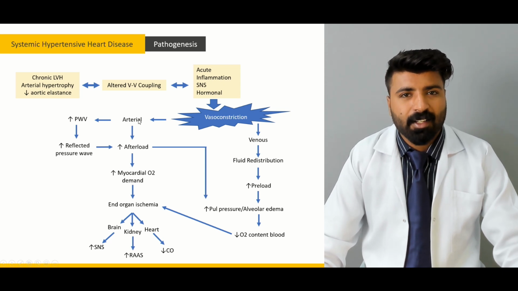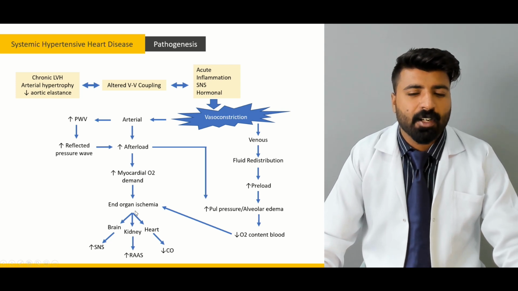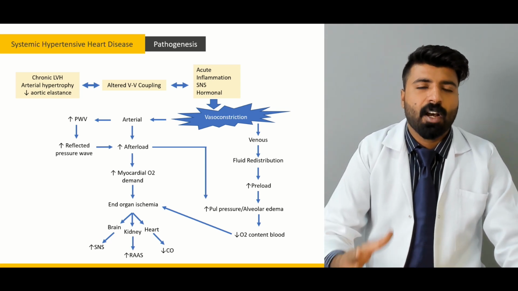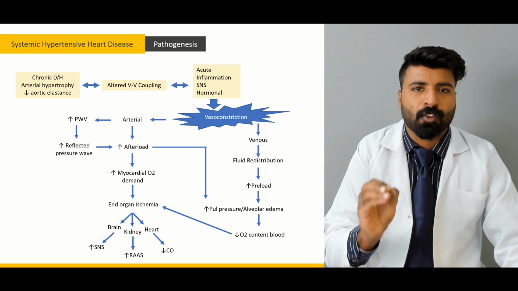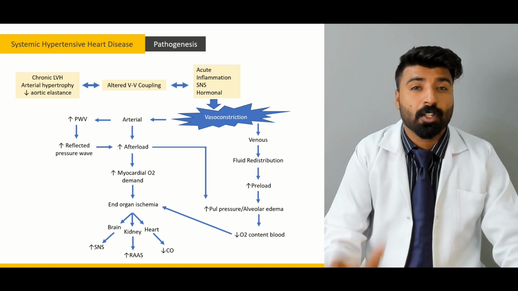But in arterial vasoconstriction, the major organ that was going to get affected was the heart, because increased myocardial oxygen demand was happening. None of the other organs were asking for more oxygen. They were asking for the normal amount of oxygen that's required by their cells and tissues to work properly.